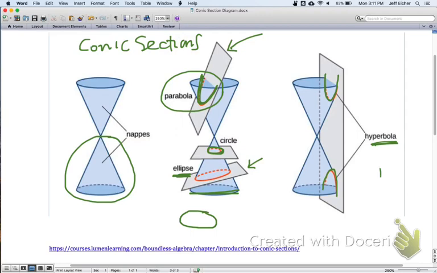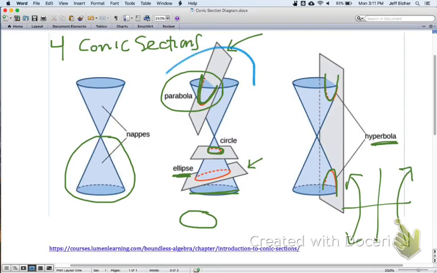Whenever we graph a hyperbola, it will look kind of like this. It will have 2 branches, one on this side, one on this side, because you're cutting the top and the bottom cone. So those are our four conic sections that we'll talk about. In this lesson, we'll be focusing mainly on parabolas.